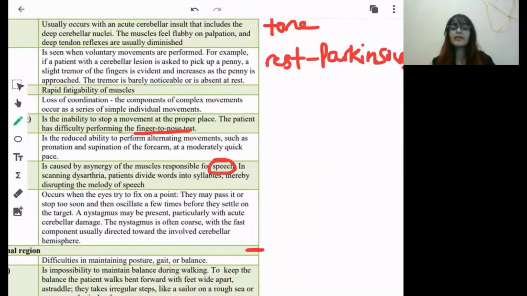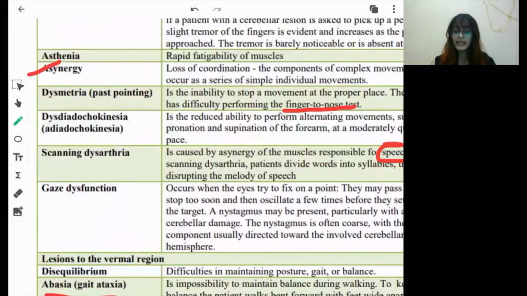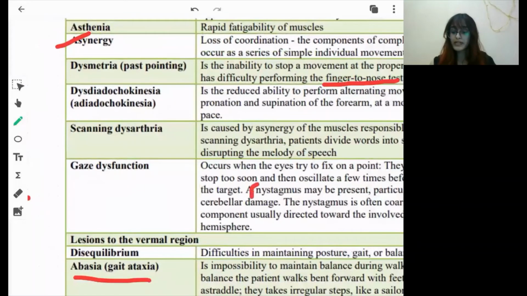The person with cerebellum injury also has problems with speech. We can see staccato speech here in patients with cerebellum injury. Next is gaze dysfunction, or a nystagmus may be present because cerebellum also coordinates the eye movements.